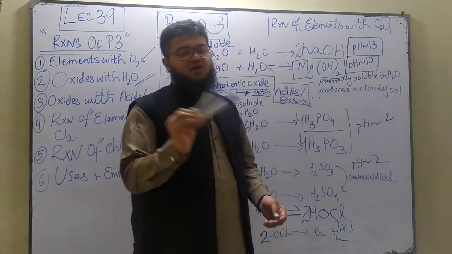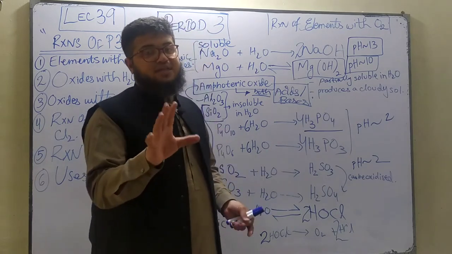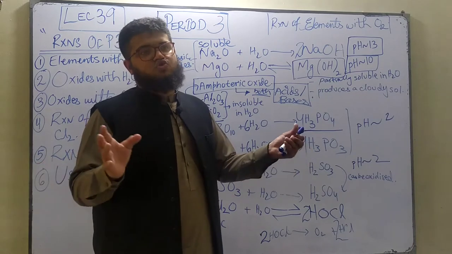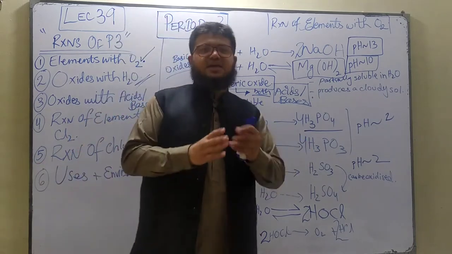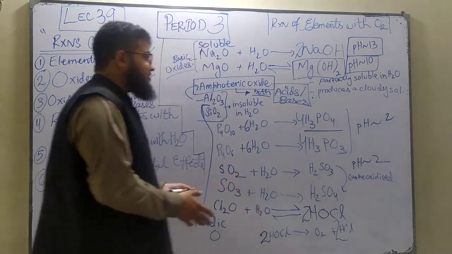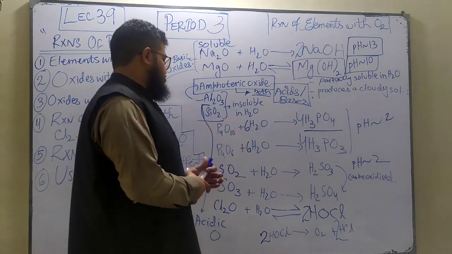Either of these can be written down. Strong means fully dissociable, so any acid that can fully dissociate in aqueous solution is a strong acid. Any acid that partially dissociates is a weak acid.